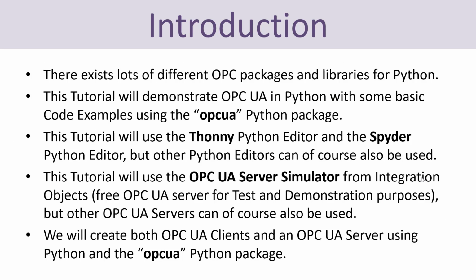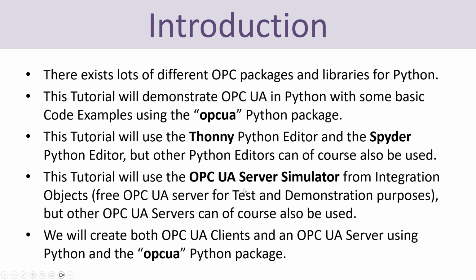So in this tutorial we will use different software and different OPC packages and different libraries for Python. And this tutorial will demonstrate OPC UA in Python with some basic code examples, and we will use the OPC UA Python package in this tutorial. We will also use different Python editors. We will use the Thonny Python Editor, and we also use the Spyder Python Editor.